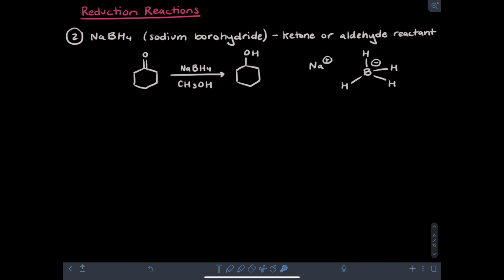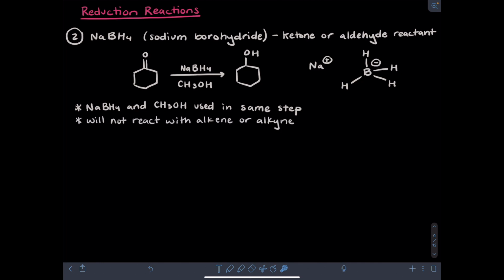NaBH4 features a sodium cation and the borohydride anion, a boron with 4 hydrogens around it and a negative charge. You can use the sodium borohydride and the alcohol solvent in the same step, and these reduction conditions will not react with alkenes or alkynes, so it has a different selectivity to hydrogenation.